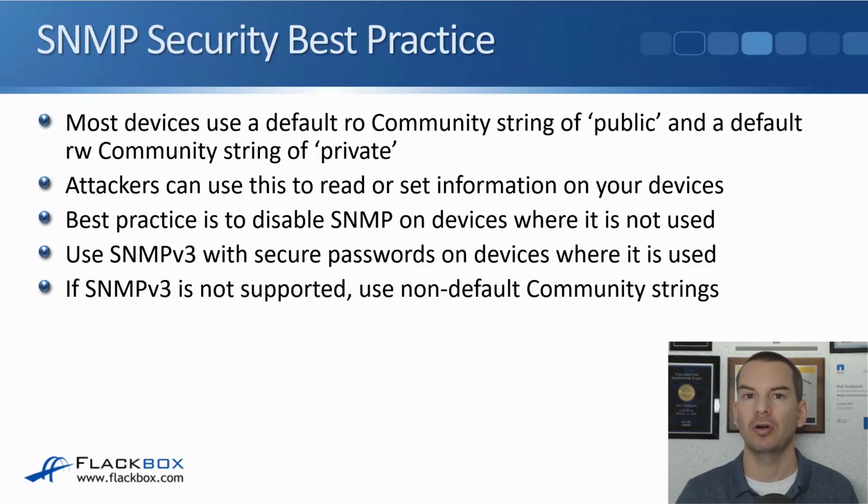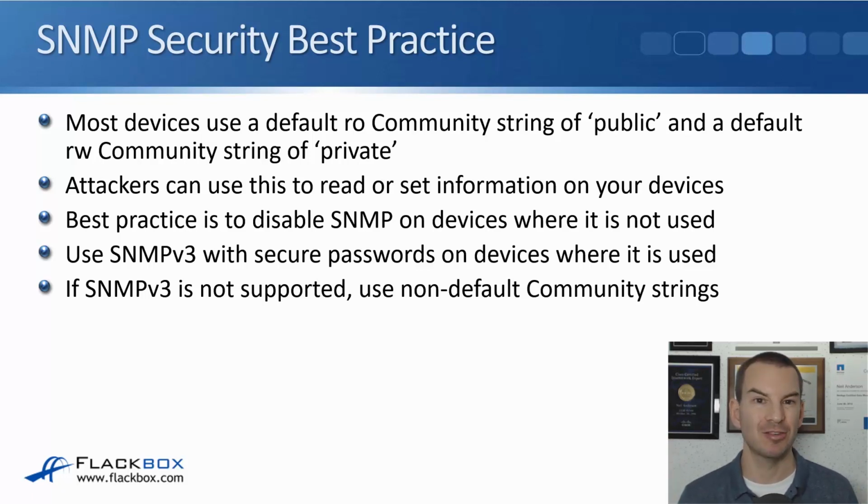If an attacker has IP connectivity to the device and it's been set up with SNMP enabled using the default community strings of public and private, then the attacker can use that to pull information about the device. There's likely to be sensitive information there that they can then use to launch an attack against your devices. So you do not want to leave that as the default setting.